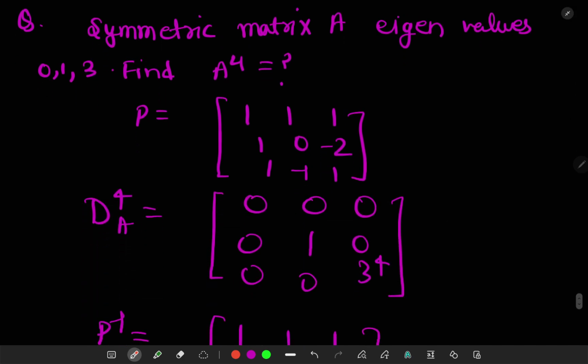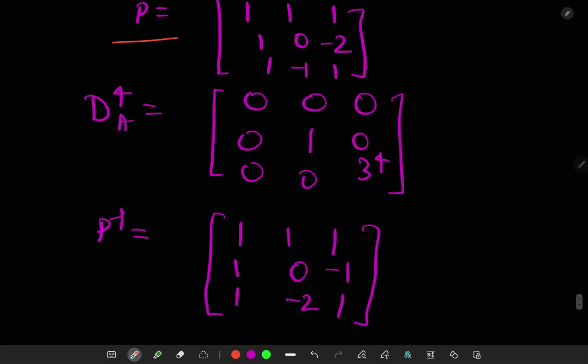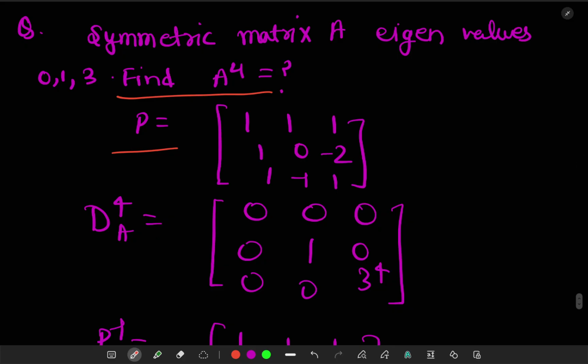Let's do some questions on this topic. Given a symmetric matrix having eigenvalues 0, 1 and 3, we need to find A raised to power 4, and given is matrix P. For writing A raised to power m, we use A raised to power m is equal to P D raised to power m P inverse.